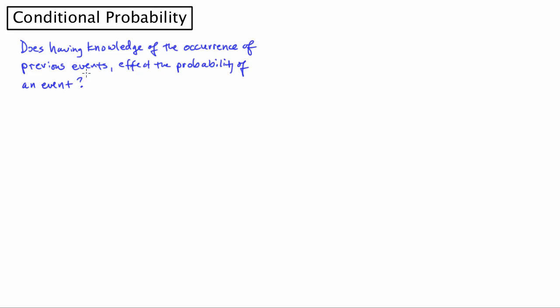So it's a very open-ended question. What we're basically asking is, does knowing that something's occurred beforehand affect the probability of it happening now?